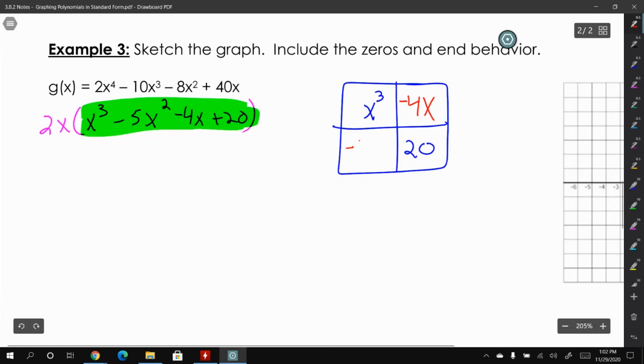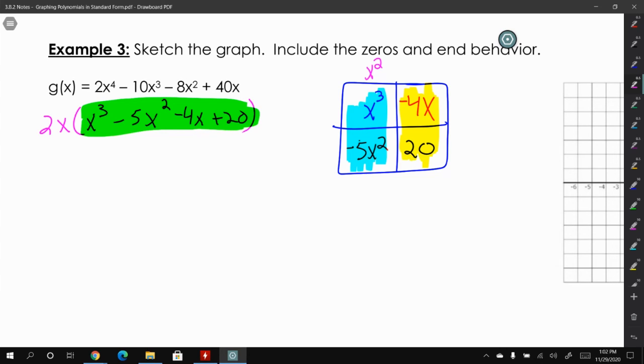And then we'll look at the GCF of the first column. And we say that they have an x squared in common. And we look at the GCF of the second column. You can divide both those numbers by 4, and because that 4 is negative and it's on the top, we're going to factor out a negative 4.